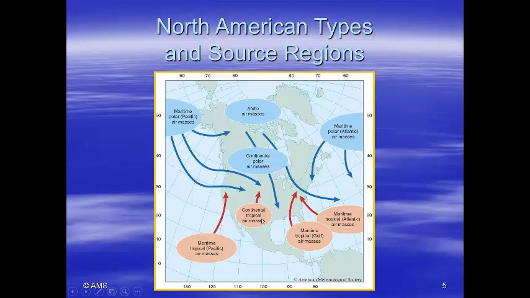We also have continental tropical air masses, maritime tropical Gulf air masses, and maritime tropical Atlantic air masses. So once again, whenever we see maritime, we expect a high humidity, and whenever we see continental, we expect low humidity.